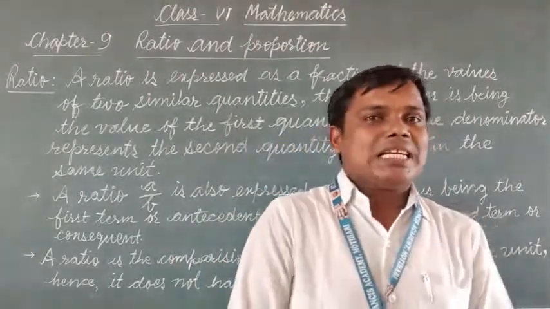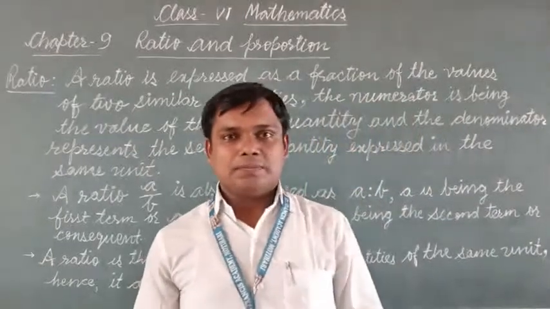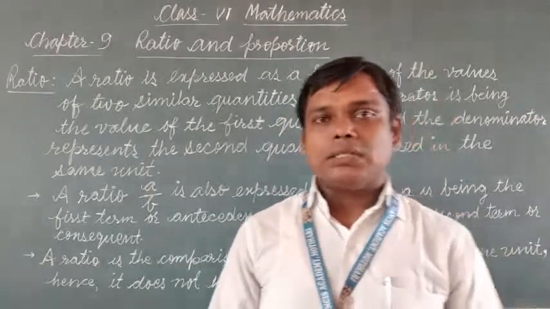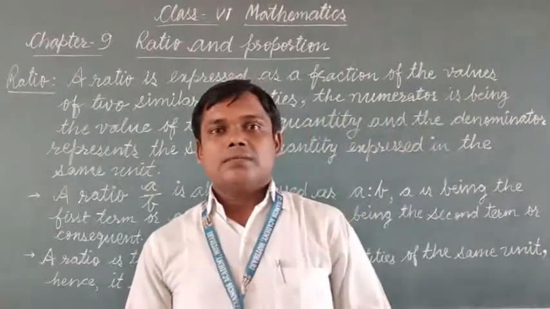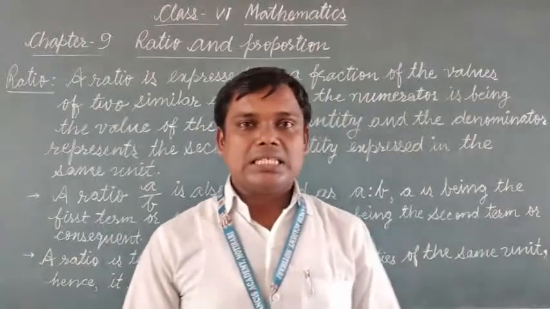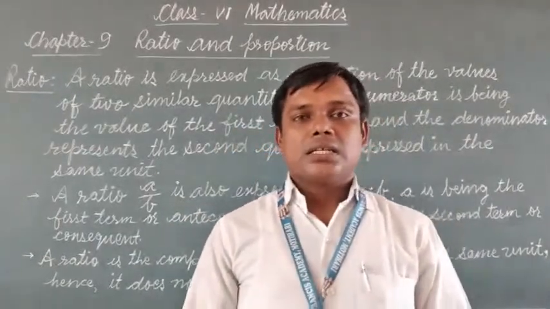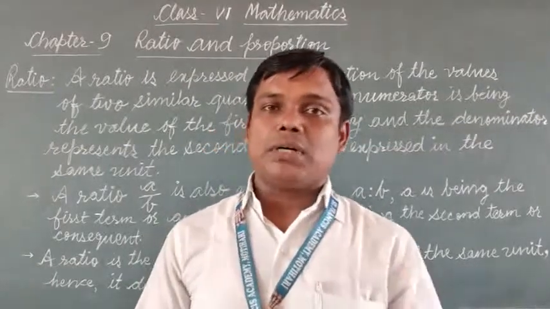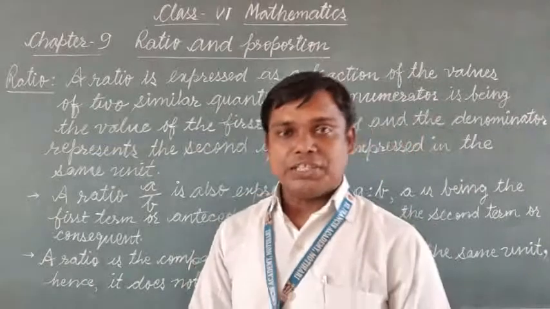So in this way we can calculate. We can also compare the numbers by the percentage method. Today we are going to discuss ratio. We can also compare two numbers with the help of ratio.